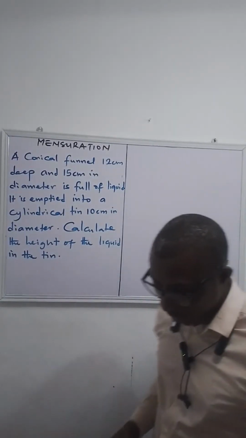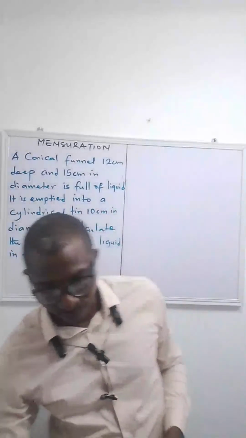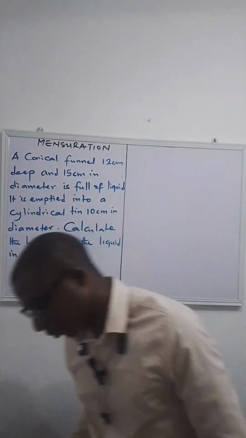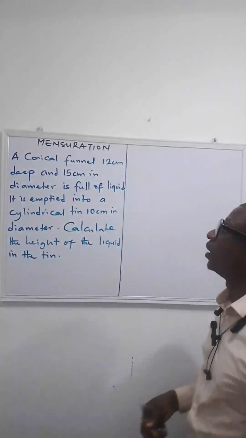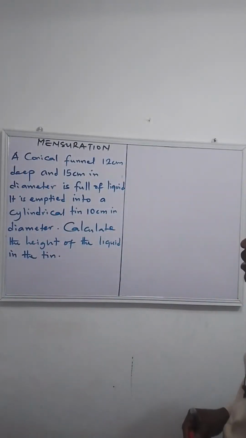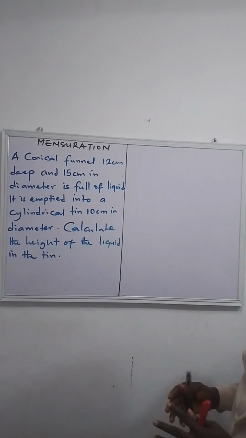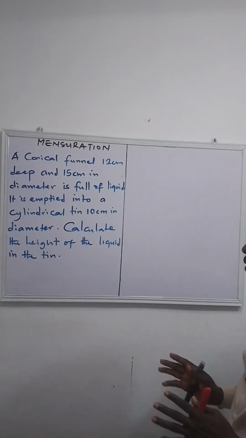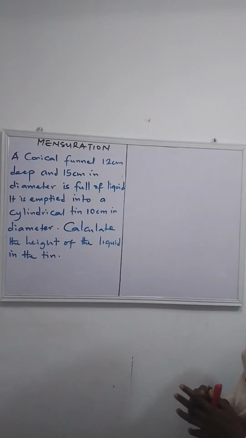All right, can we look at this next question? Yes, the question says a conical funnel, 12 centimeter depth and 15 centimeter in diameter, is full of liquid. It is emptied into a cylindrical tin, 10 centimeter in diameter.